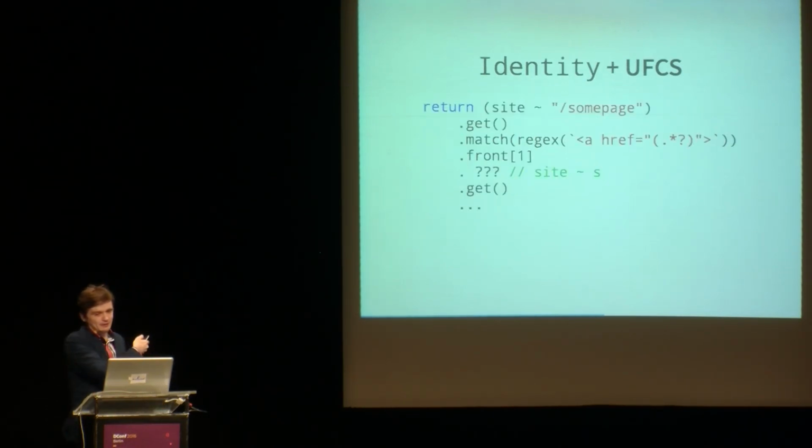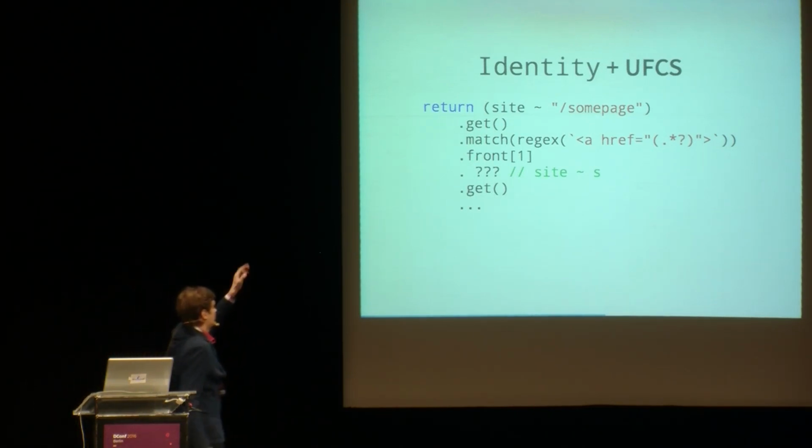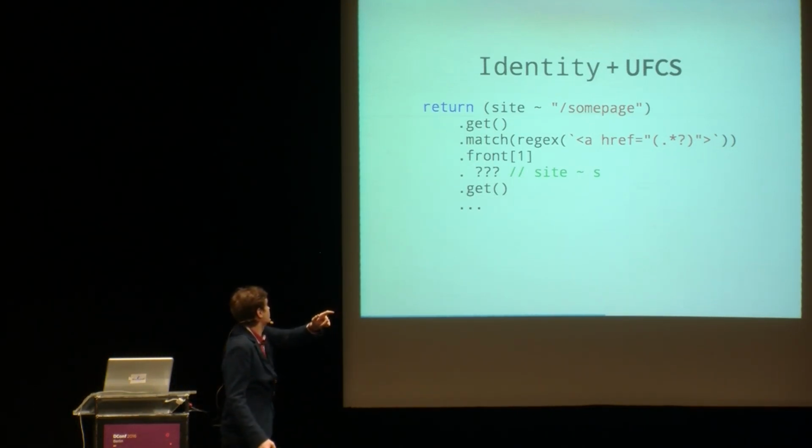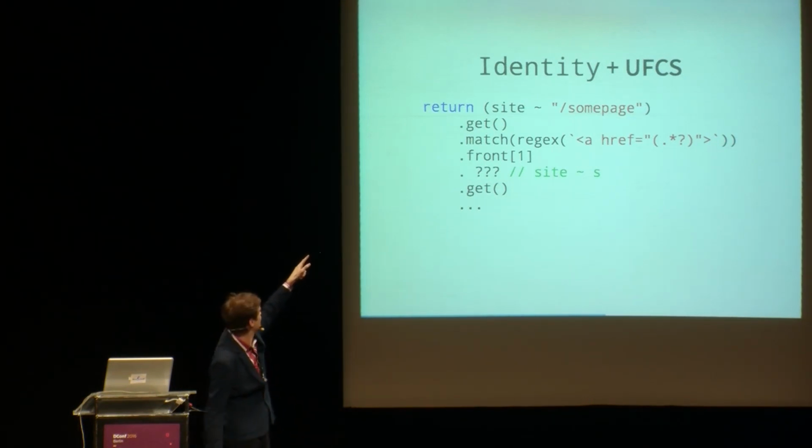Sometimes it's useful when you have a long chain of UFCS functions, like do something, .get, and then match the regex. By the way, I heard we're removing curl, so this probably won't work soon, .get. And you take the front and, oops, you want to prepend something to that string. How do you prepend it in a UFCS chain?